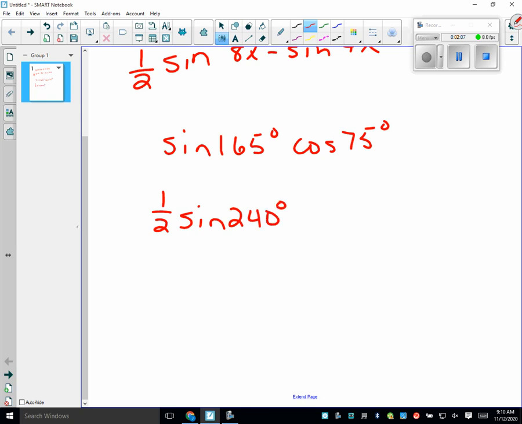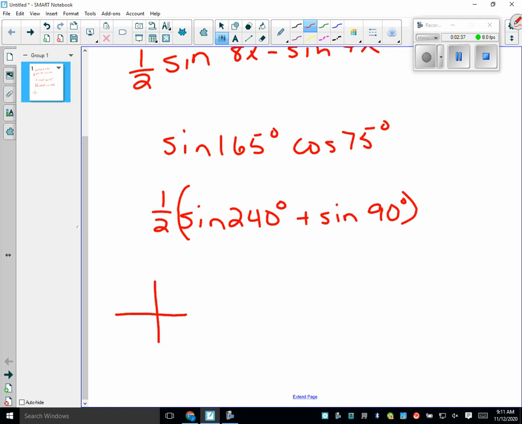240 degrees. What's next? Plus sine. Oh, I bet the 1/2 should have a parenthesis after it. Yeah. And then what is it? Plus sine 90 degrees. So I need a triangle to find out the sine of 240 degrees.